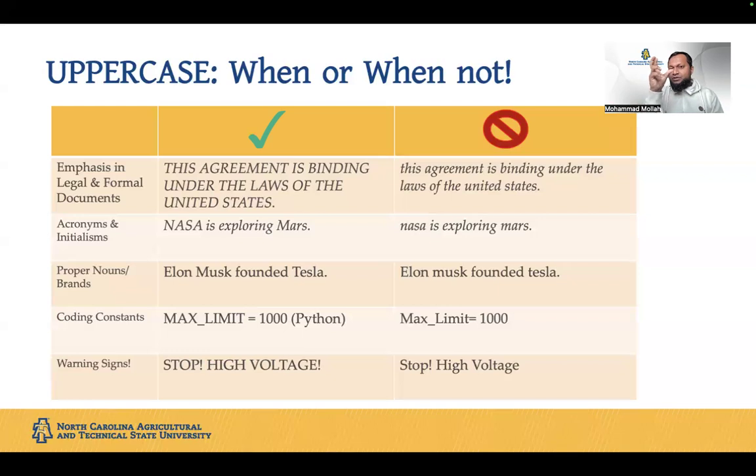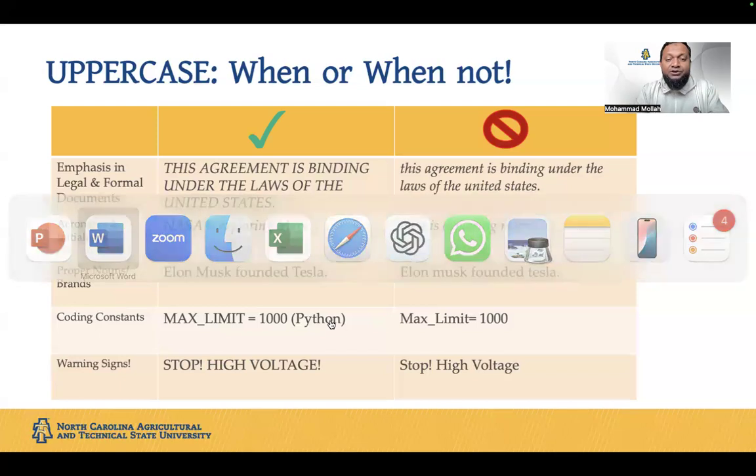When you see uppercase, it draws your focus and attention, that's why it needs to be uppercase. So stop, high voltage, these sorts of things actually need your attention. That's why uppercase is the right choice for you.